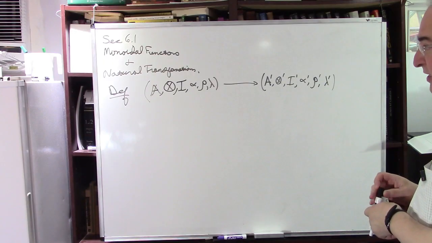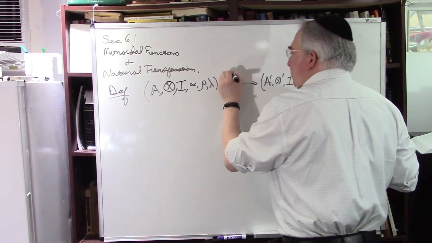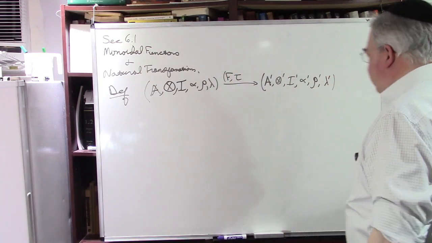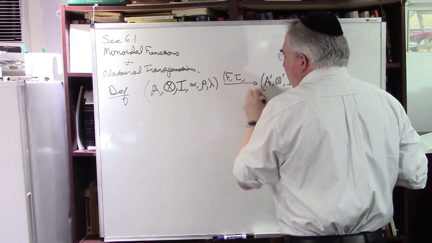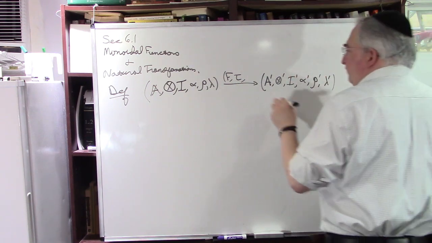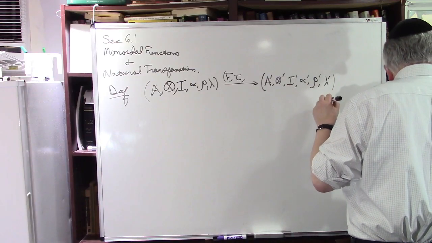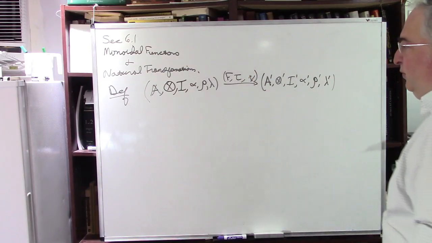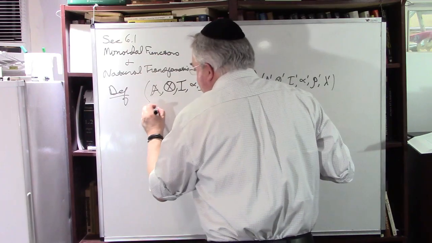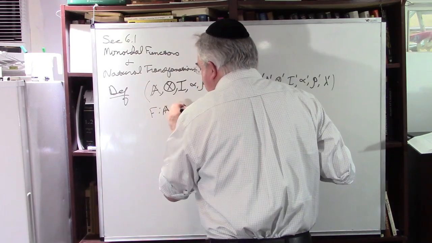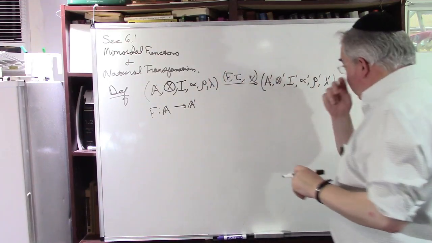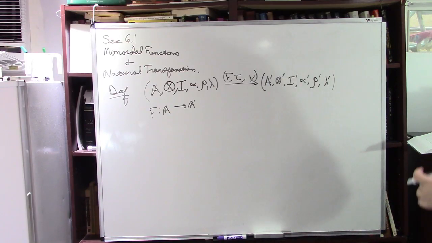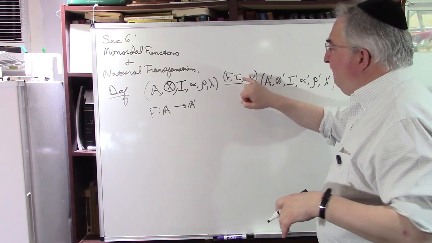Well, what is such a thing? It's going to be a functor, together with something called a mapping funnel and a unital funnel, which we write as a Greek letter. What it is is as follows. It's a functor from A to A prime, but it has these two other things. This one is called a mapping funnel.